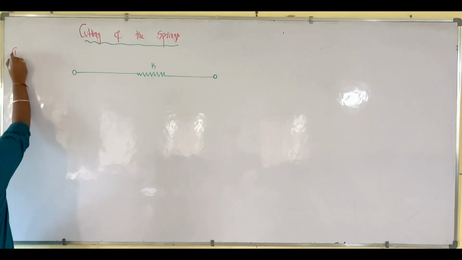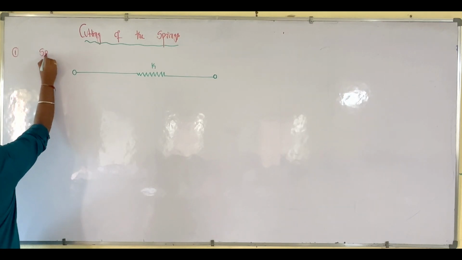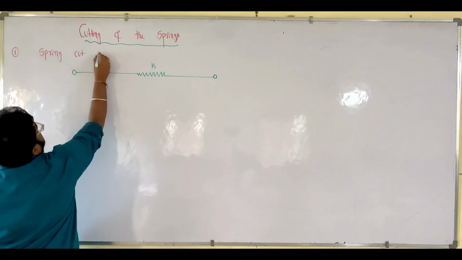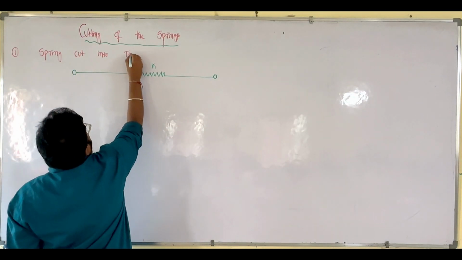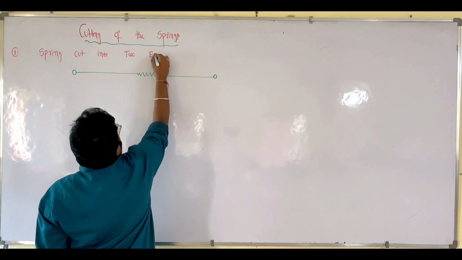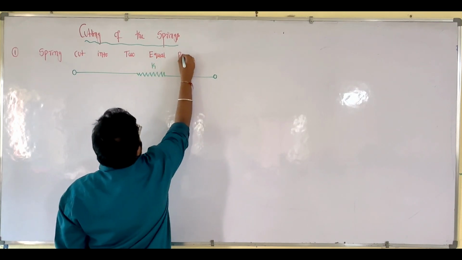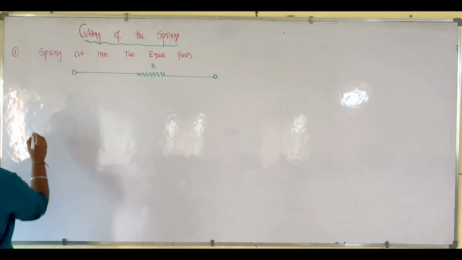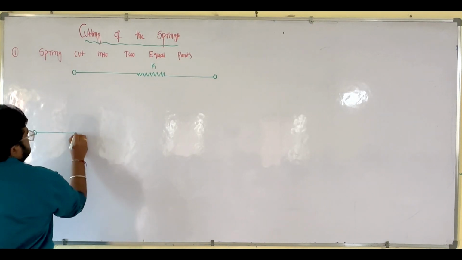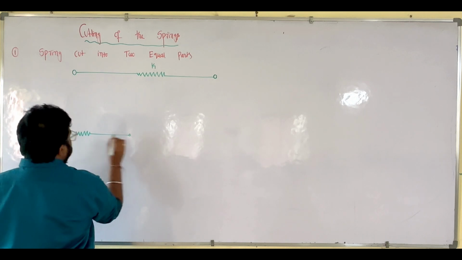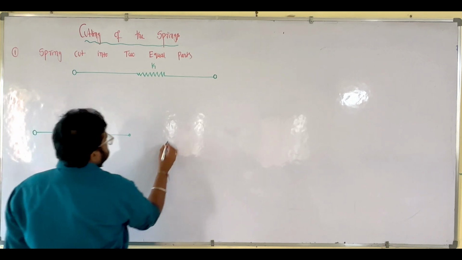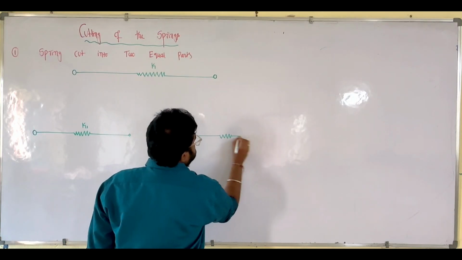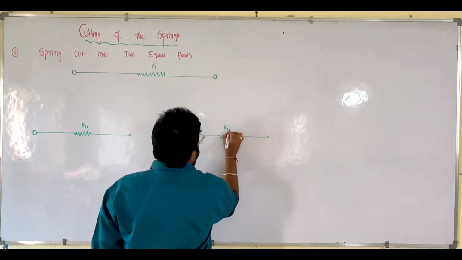Now the stiffness of each spring: the first part is K1, then this is K2. Then these two parts are connected in parallel.